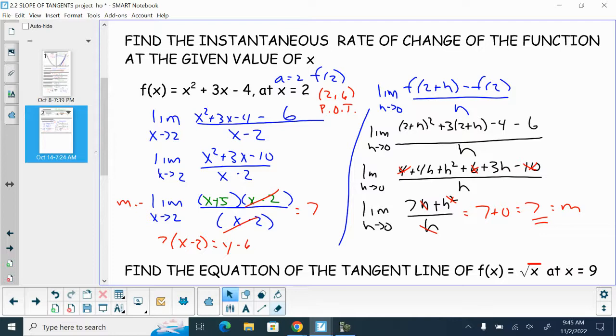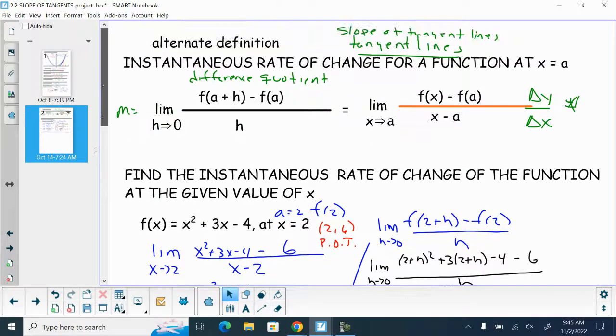Like I said, there are people that have a preference one way or another. I tend to tilt towards this one here. There are a lot of people that will tilt towards this one. A lot of calc books will be focused on this one, and then this is your alternate definition.